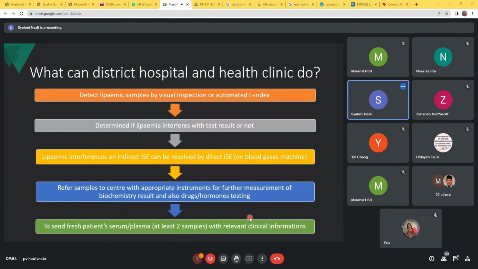If the interference is in the indirect ISE, you can simply do the direct ISE on blood gases machines. And if you don't have the appropriate instrument, you can refer samples to a center with the appropriate instrument for further measurement of biochemistry results and also drug or hormone tests. Minimally, make sure you send fresh patient serum or plasma, at least 2 samples, with the relevant clinical information.